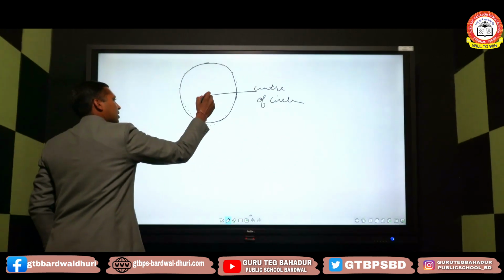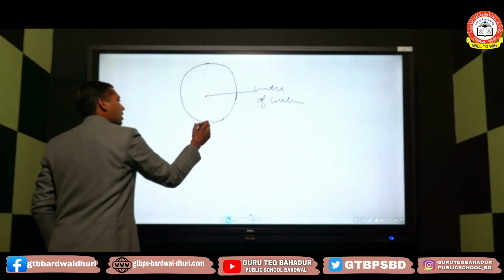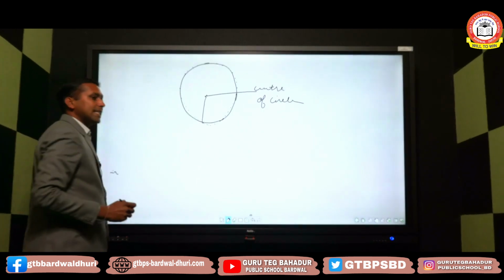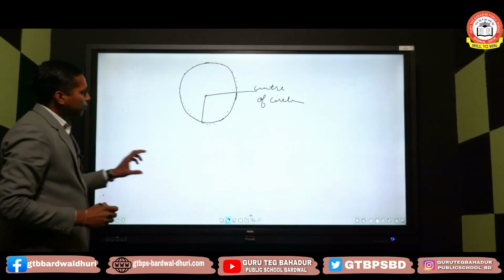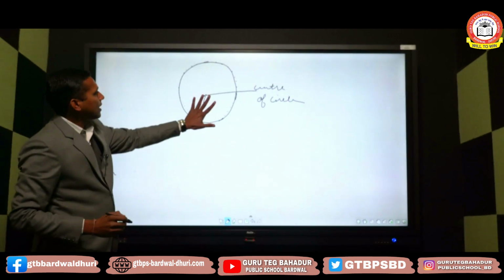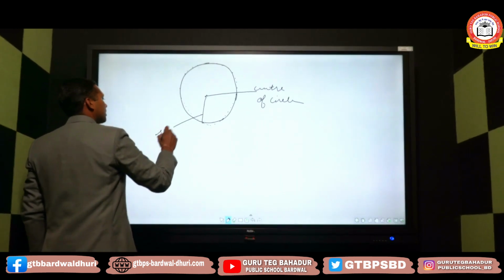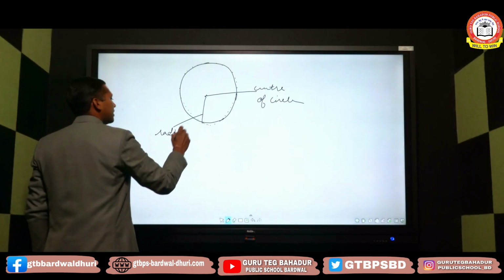From the center of the circle to any part of its boundary is called a line segment, but when we are talking about a circle, it has a specific name, that is radius.